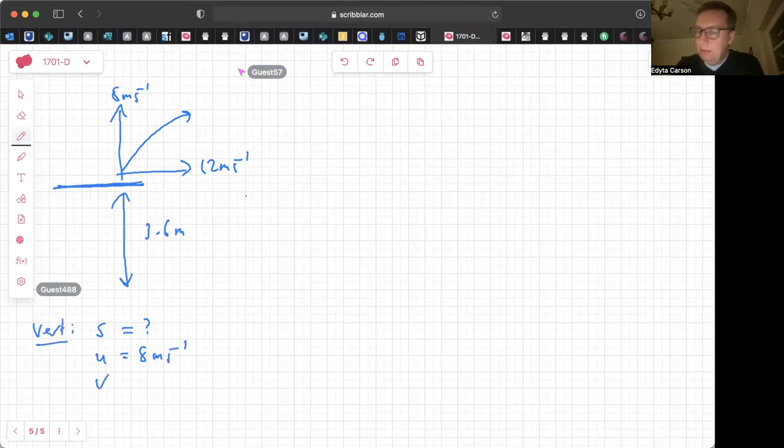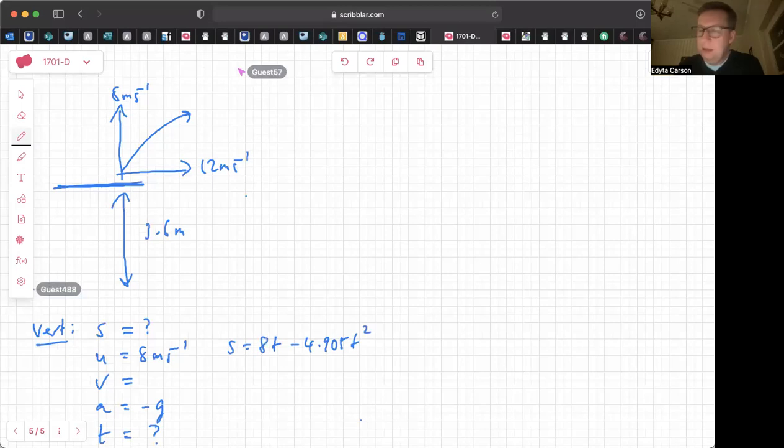V, don't know. A is going to be minus g, and T, don't know. That's what we're trying to find. So it's going to be S is equal to 8T minus a half gT squared. And there we go, that's our vertical equation.